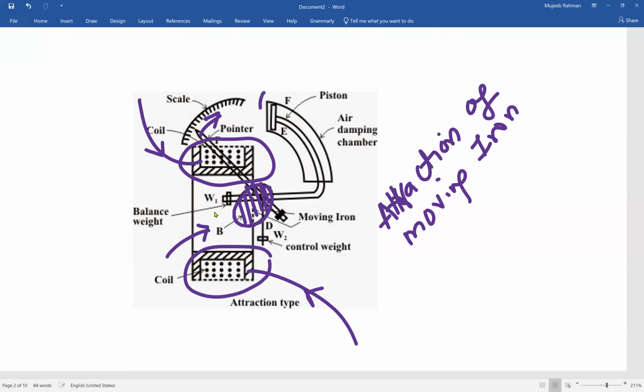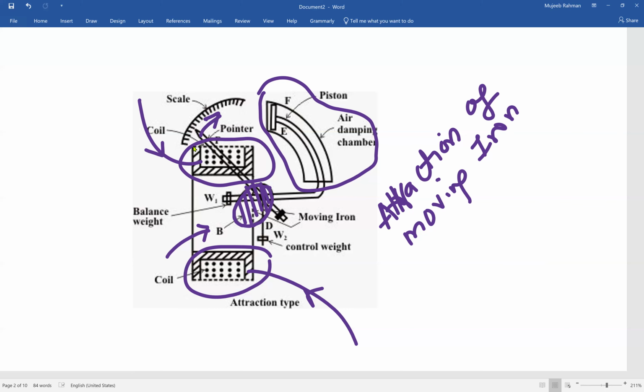Here also we have a special mechanism called the air friction damping system that we'll be discussing in the damping system section. In this particular mechanism, the soft iron piece will be attracted because it is basically a freely movable axis. It's already pivoted.